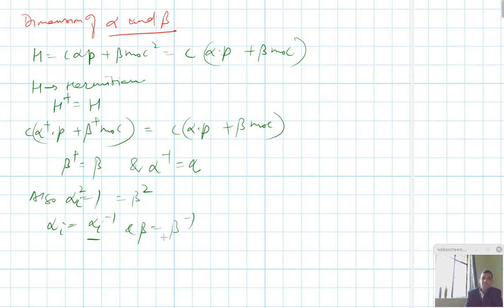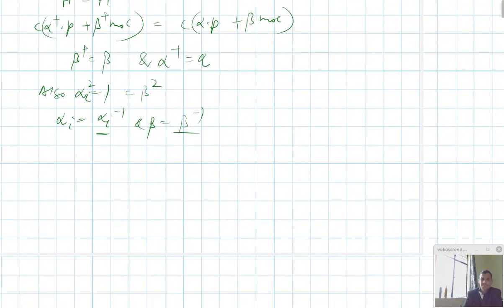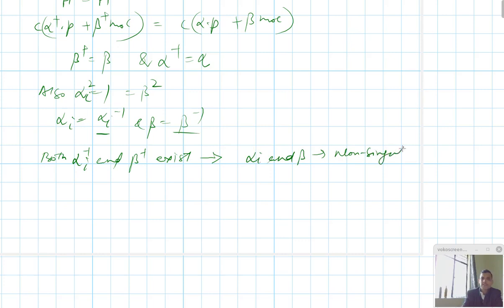So both alpha i inverse and beta inverse exist. What does it mean? This means that alpha i and beta are non-singular, right?